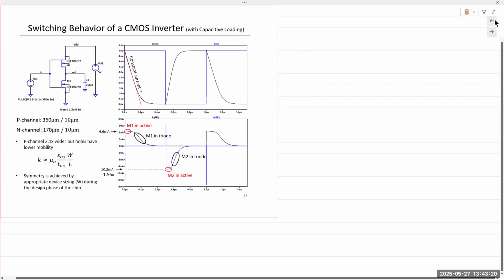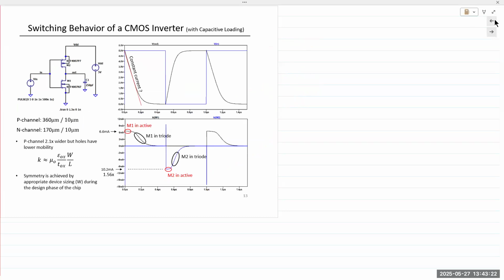All right, switching behavior of the CMOS inverter. So we looked at the CD4007, continuing on with the same LT-SPICE simulation. Let's say we apply a 5-volt pulse to it. What do we get at the outputs?